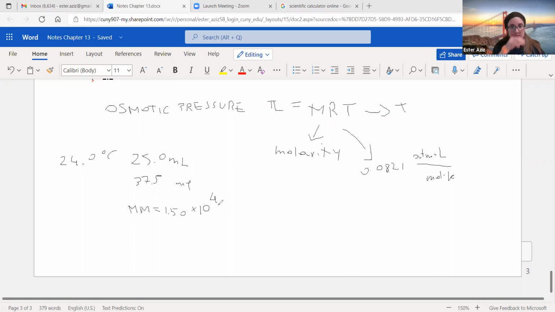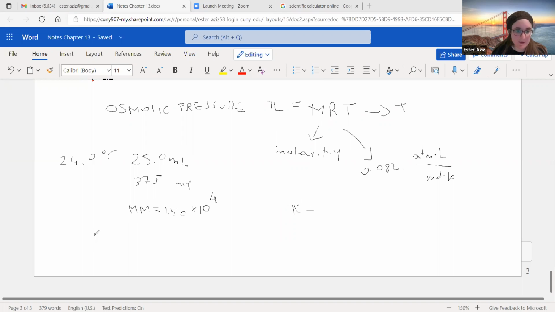Okay, so this is again pretty simple, just plug in everything here. R is a constant, T we know. Let me write down everything that we know. P is what we need to find. So let's go in order. Do we know molarity in order to find P?